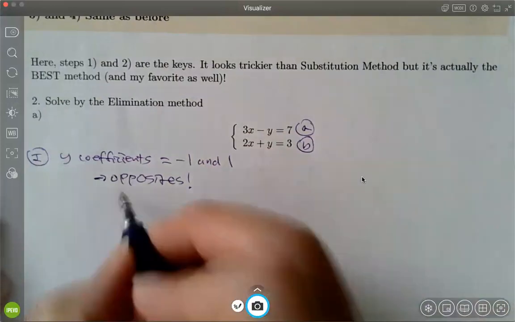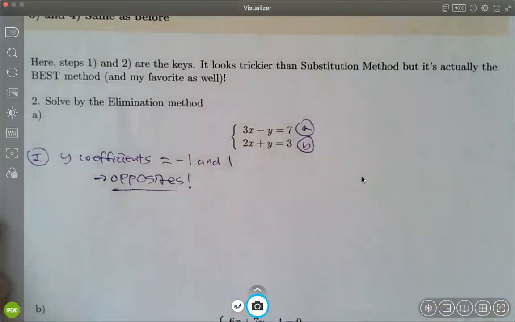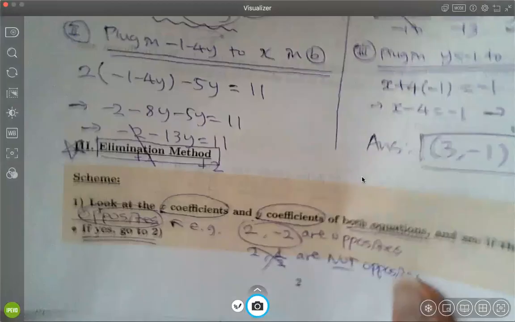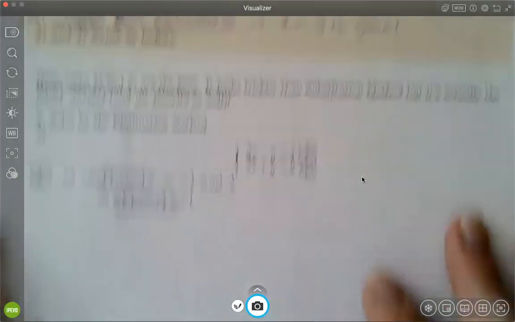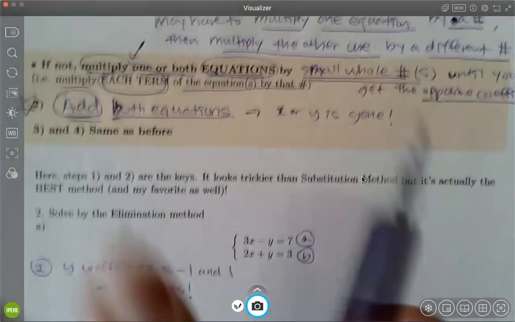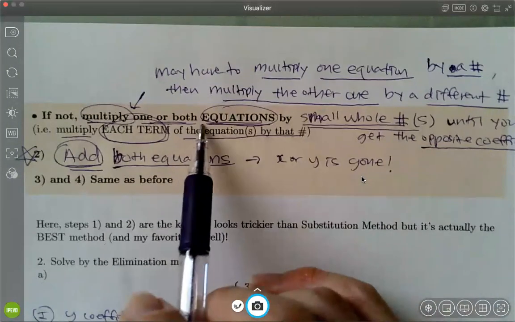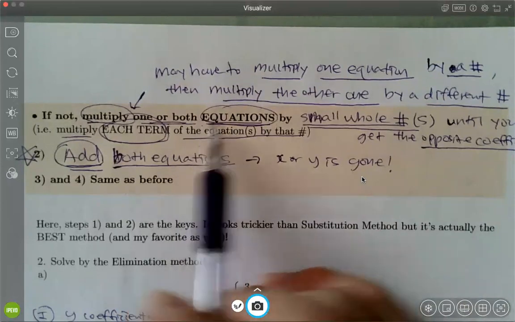Okay, so what does that mean? Step number 1 is already what? Satisfied, right? So we don't have to worry about this case, right?